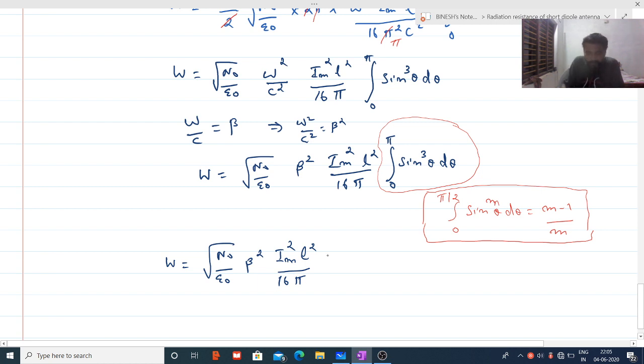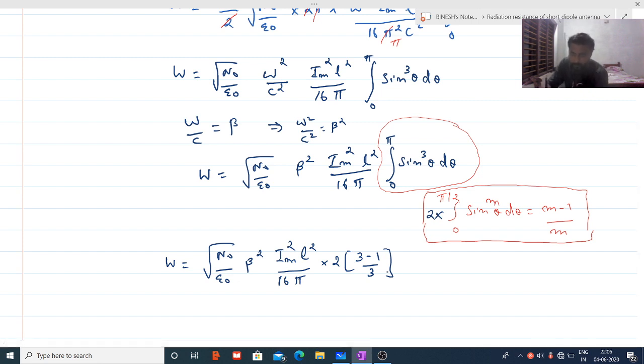Here m is 3, so I can write 2 into 3 minus 1 by 3. This is clear for you. Okay, this is a standard equation, that is 2 into integral 0 to pi by 2 sine m theta d theta can be written as m minus 1 by m.